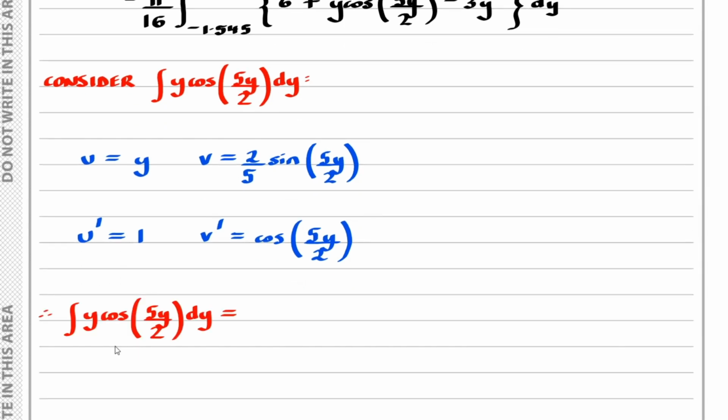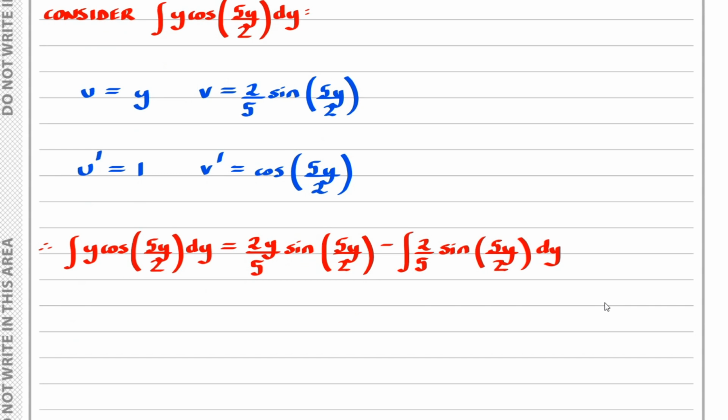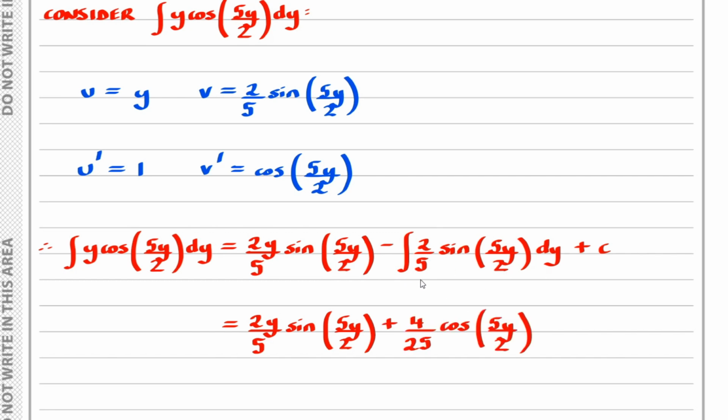So the integral here is equal to u times v, so that's 2y over 5 times the sine of 5y over 2, subtract the integral of v times u dash, so we subtract the integral of 2/5 times the sine of 5y over 2 with respect to y. And if I work out the integral, we end up with positive 4 over 25 times the cosine of 5y over 2.